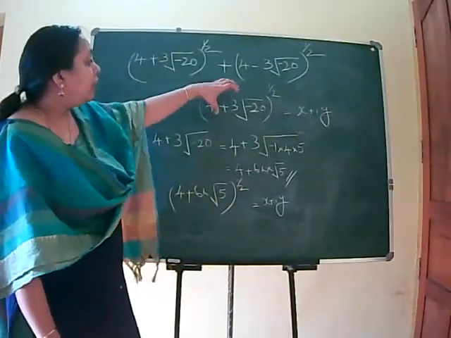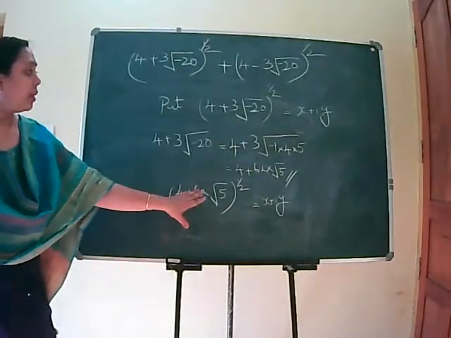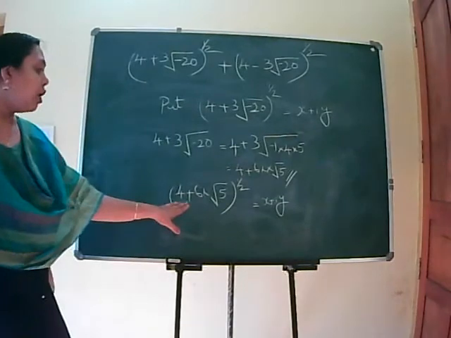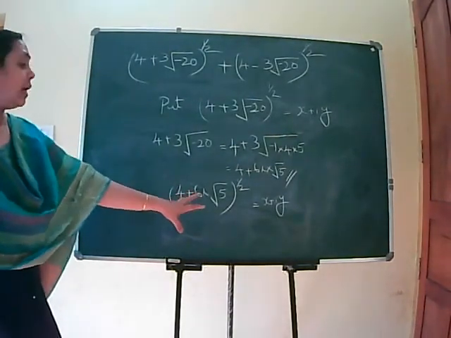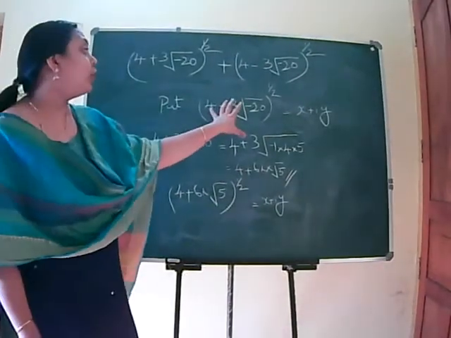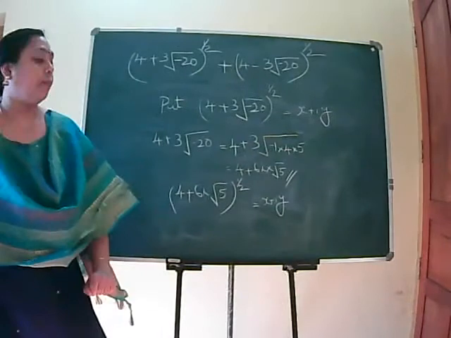Okay, this expression is equal to this expression. That is 4 plus 3 into square root of minus 20 is 4 plus 6i into root 5. So, the square root of this expression is x plus iy.